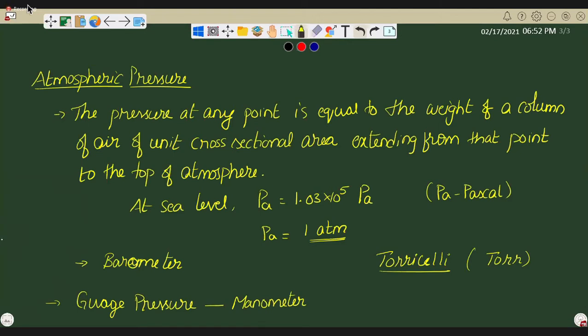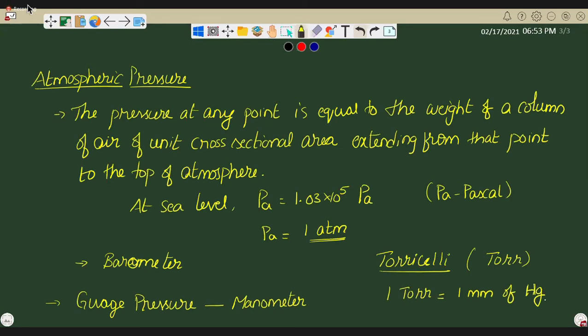Yes, sir. Okay. So the other unit for pressure is 1 torr, which is equal to 1 millimeter height of mercury, Hg. Hg is mercury.